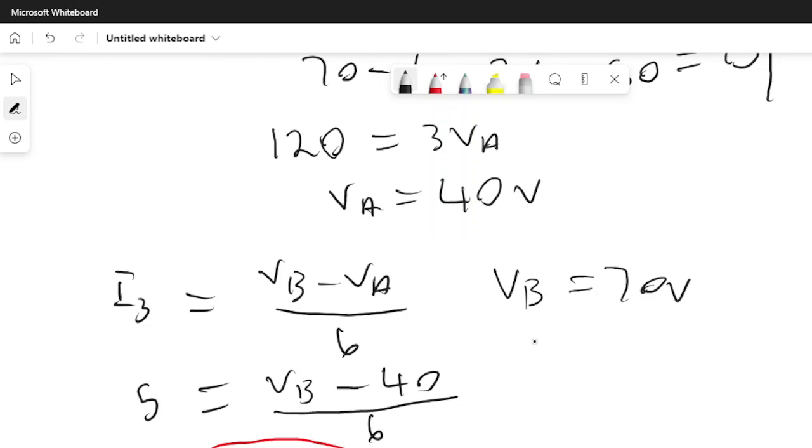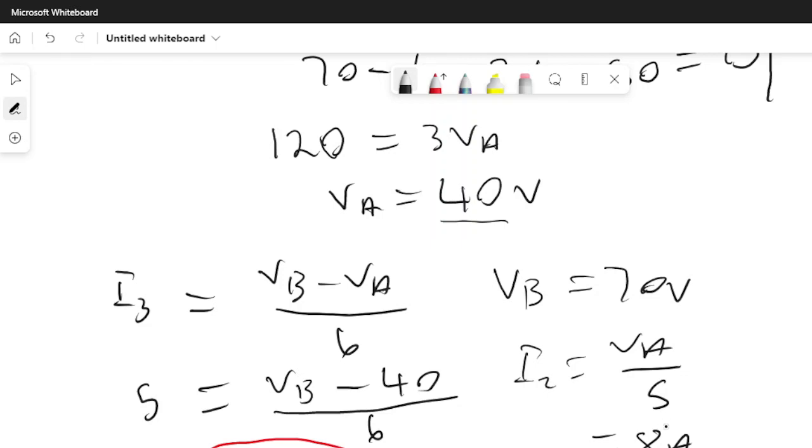Now since I know VB and I know VA, I can find my current I2. So I2 is equal to VA over R2, which is 5. This will be 8 amperes because this is 40 here, and 40 divided by 5 equals 8 amperes. I can also find my I1.